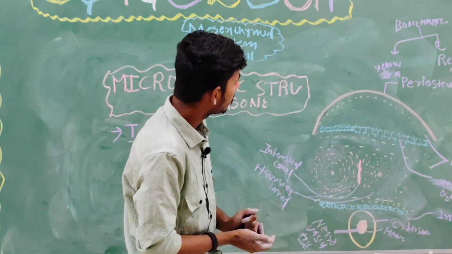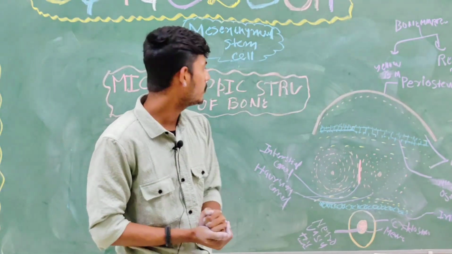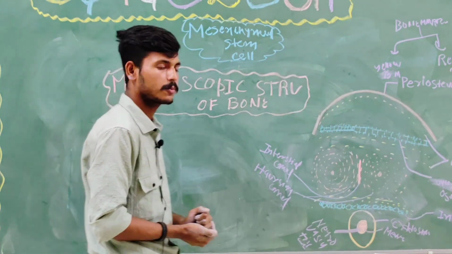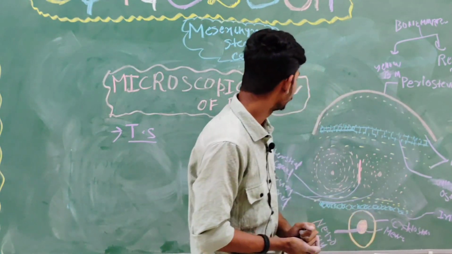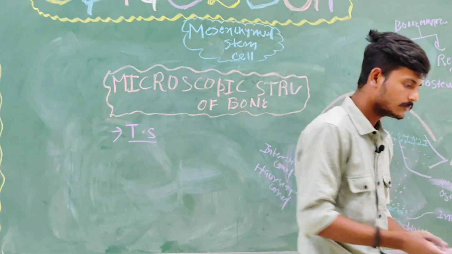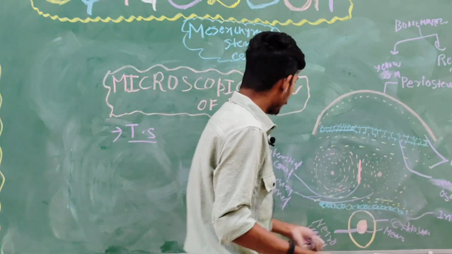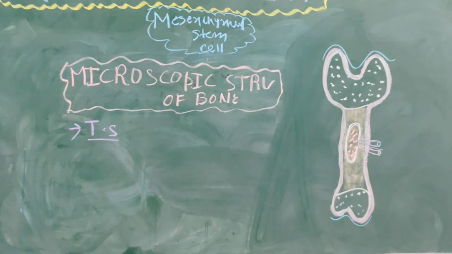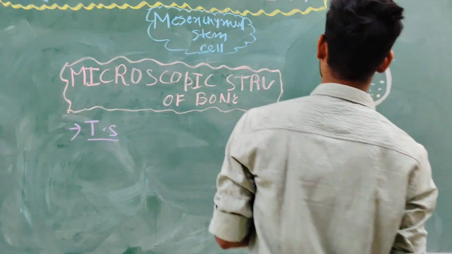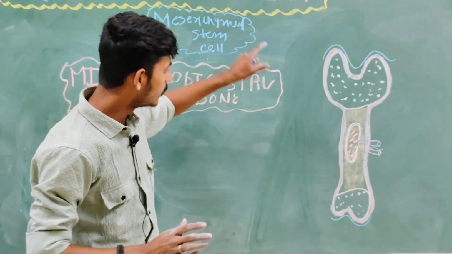Once you have studied the microscopic transverse section of the bones, now it's time to discuss the macroscopic structure of the bone, okay. So it is the structure of one long bone.